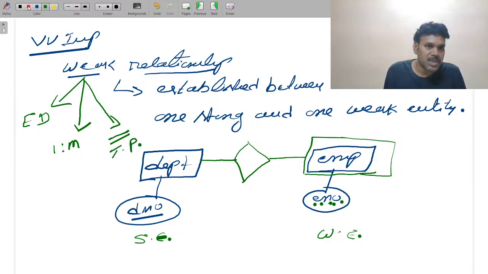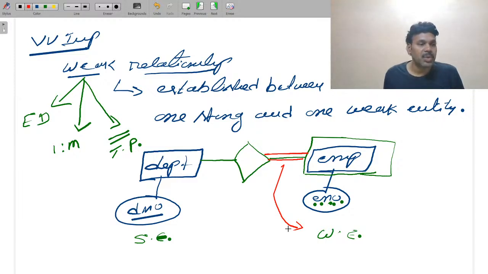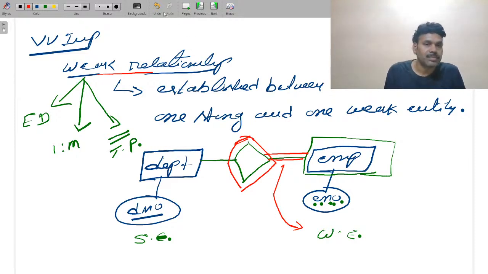What is total participation? We will see later. So employee is weak. That's why there is a requirement of total participation here. So this is how you can represent a weak relationship. And when you have a weak relationship with a weak entity, this relationship is also a double diamond, because it is a weak relationship.